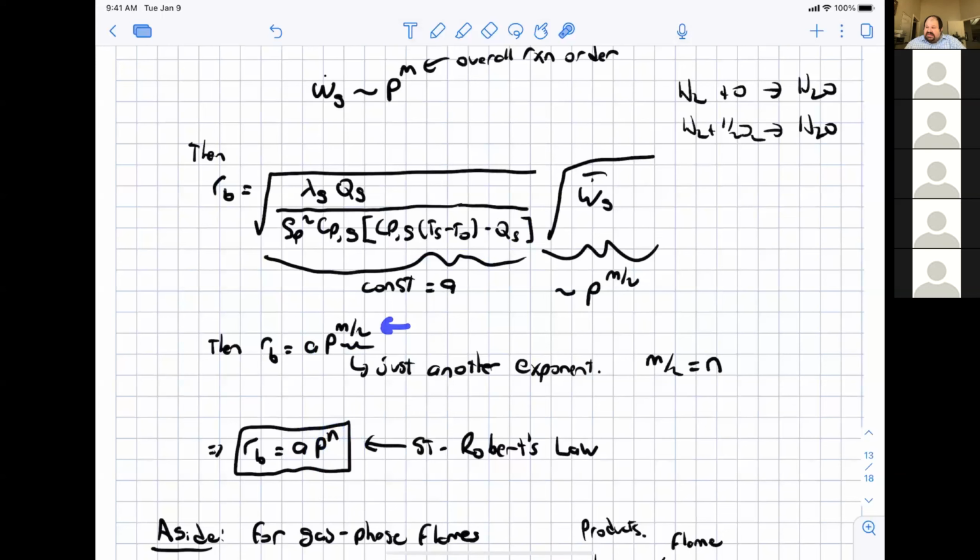There are other things that can affect it too, such as a catalyst that can add some pressure sensitivity to the reactions in the condensed phase side of the propellant. But based on the assumptions that we made, that all the reactions occur either on the surface or in the gas phase, then yes, the burning rate exponent is an indication of the overall reaction order.